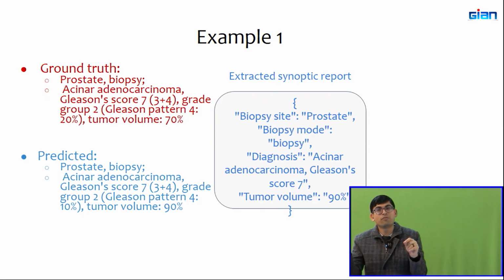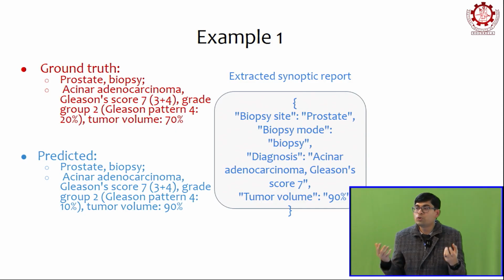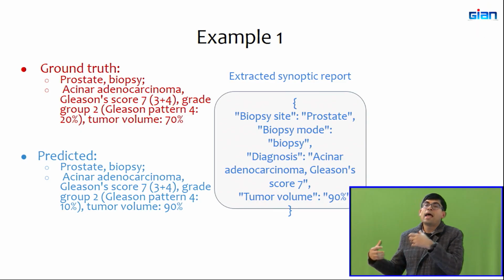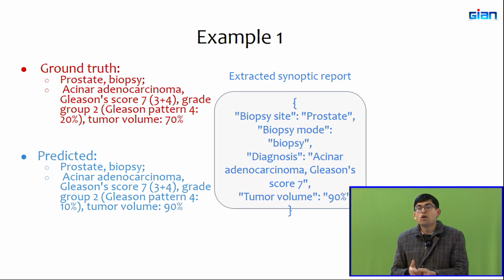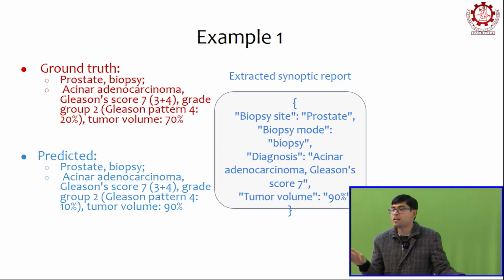So there was a case difference, and that led the metrics to fall drastically. Which means that when we trained our model, we should have converted everything to lowercase, and the generated reports should also have been in lowercase, and then we should have evaluated. We did not. It was a very silly mistake, but it cost us. So these are the kinds of pre-processing steps that you have to make sure you do before you train your models.